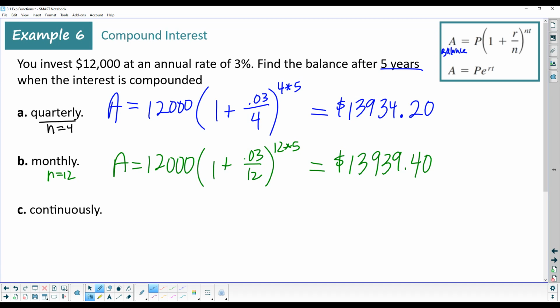So, where? You got 0 as the answer? Isn't the decimal... No? I got 13933.